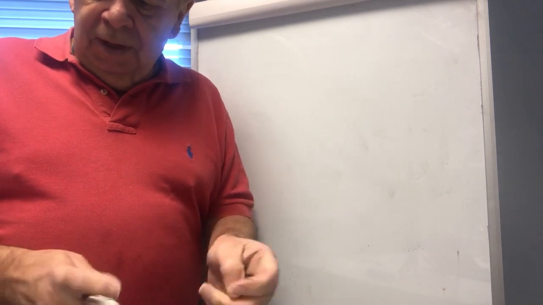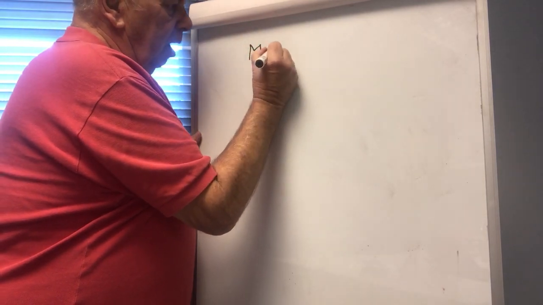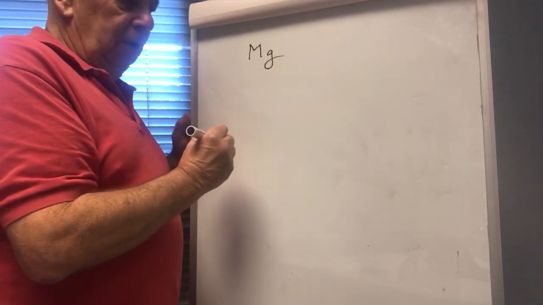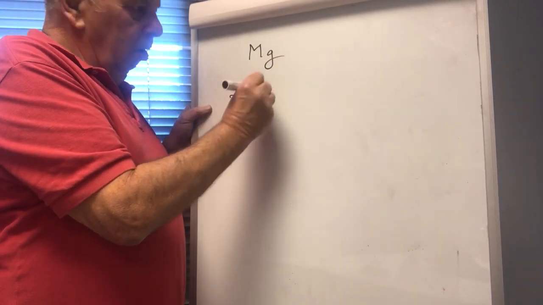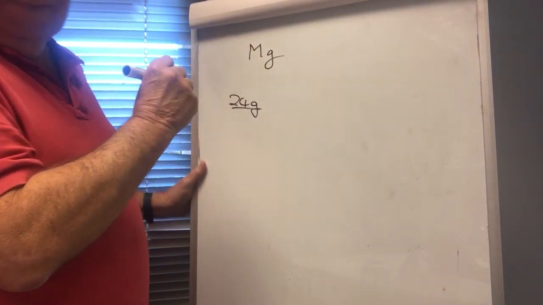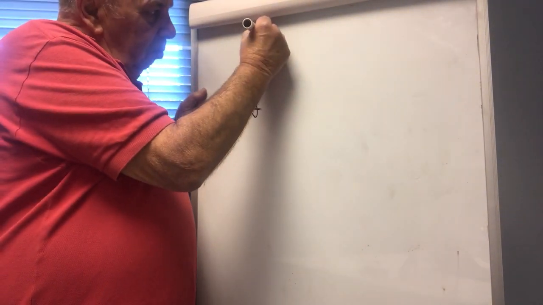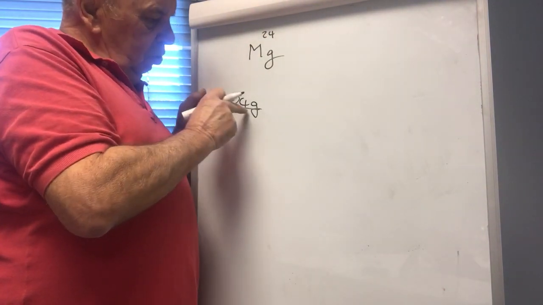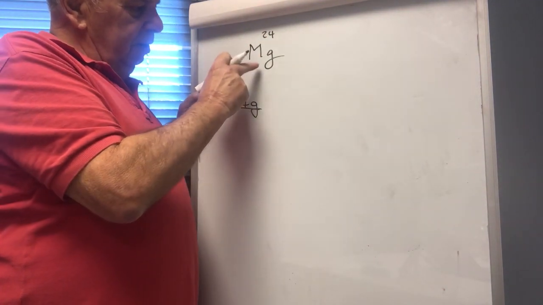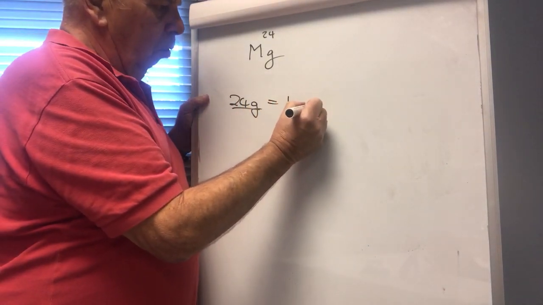So let's look at an example. I've got 24 grams of magnesium. It happens that its atomic mass is 24 grams, so therefore 24 grams of magnesium is equal to 1 mole.